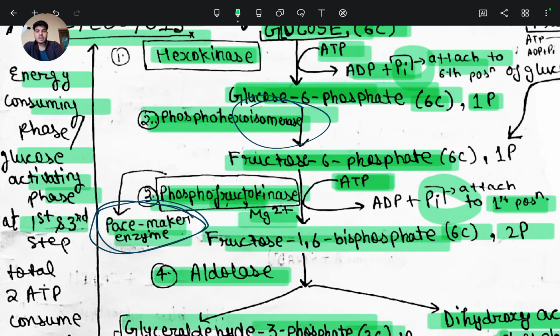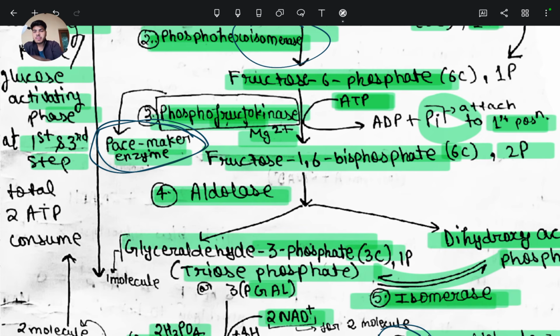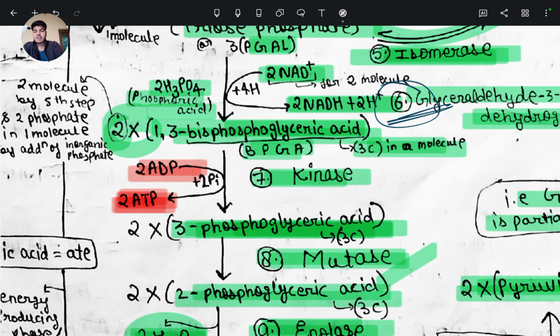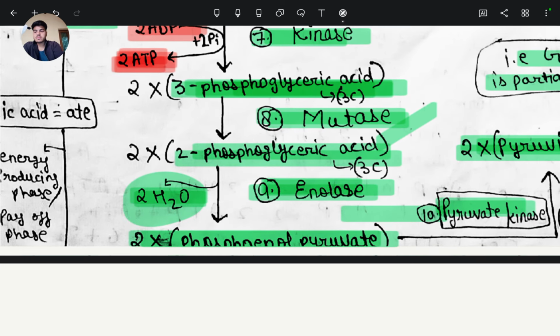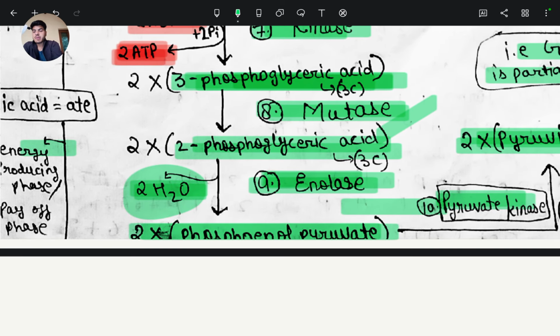At the first and third step, a total of 2 ATP are consumed. Then, by the fifth step and by addition of inorganic phosphate, 2 bisphosphate is formed in one molecule. So it is an energy producing phase or payoff phase.